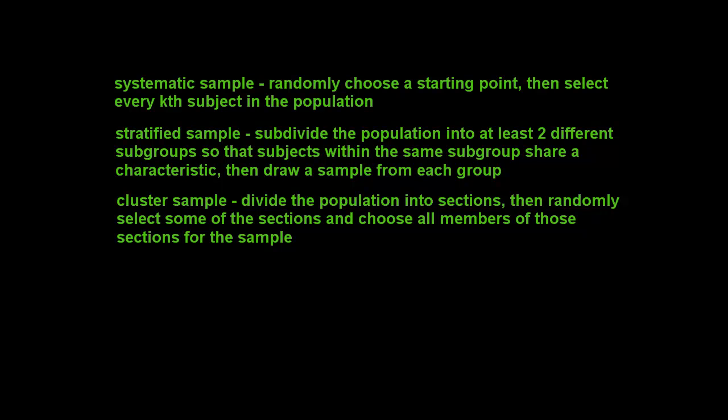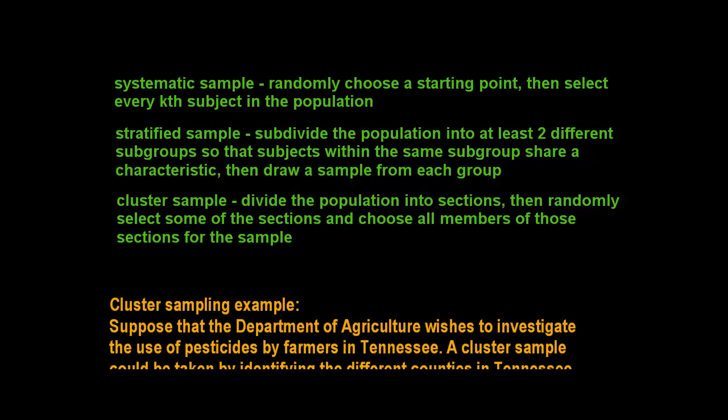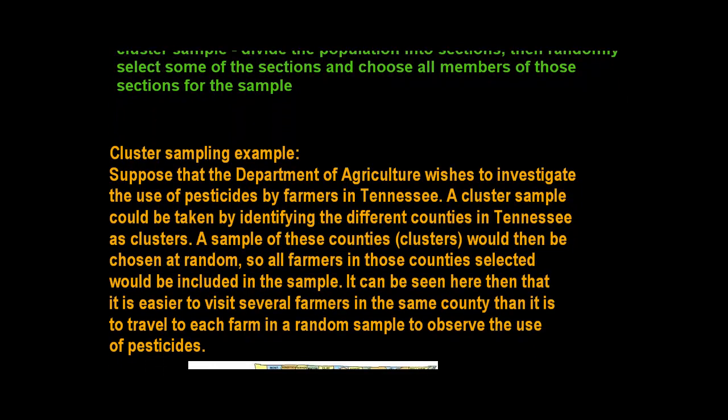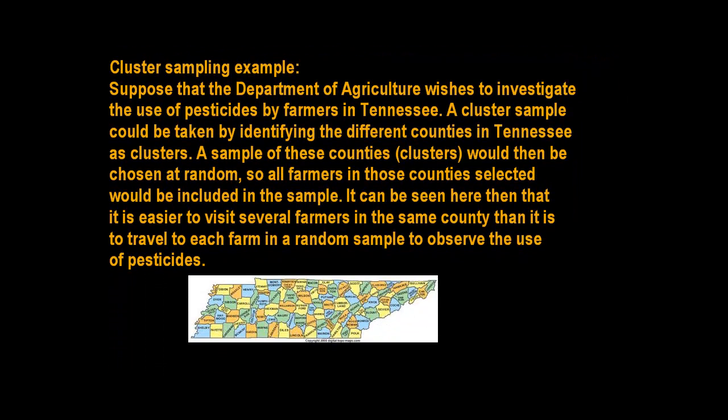All right, let's look at an example of cluster sampling. Suppose the Department of Agriculture wishes to investigate the use of pesticides by farmers in Tennessee. A cluster sample could be taken by identifying the different counties in Tennessee as clusters. A sample of these counties, these clusters, would then be chosen at random.